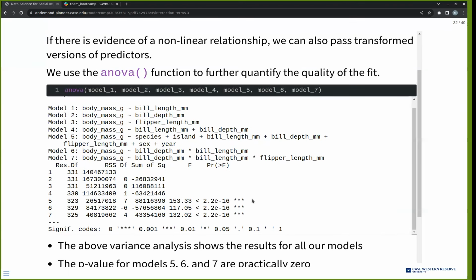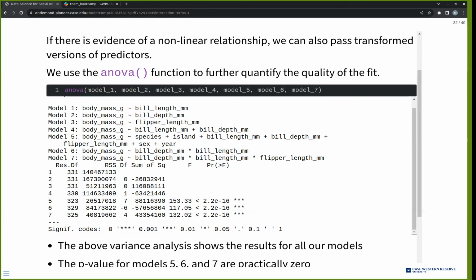So it gives out this p-value. The variance analysis shows that the p-values for three models, that is 5, 6, and 7, are the minimum. Only these three models, in comparison to all seven, are relatively statistically significant. That's what we can take from here.